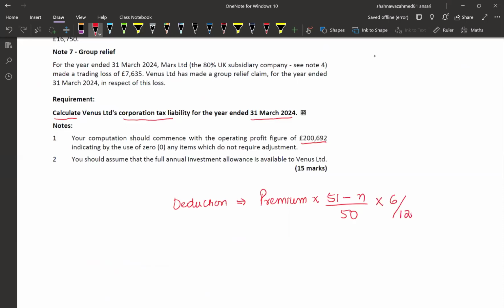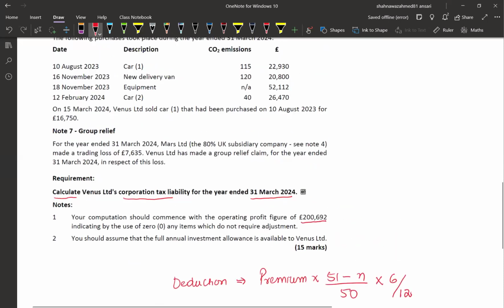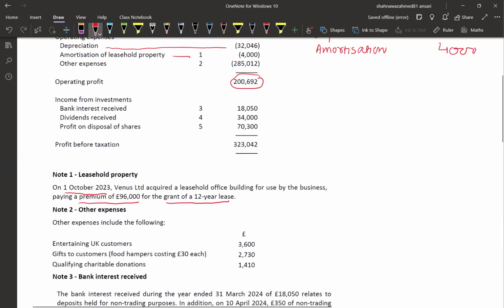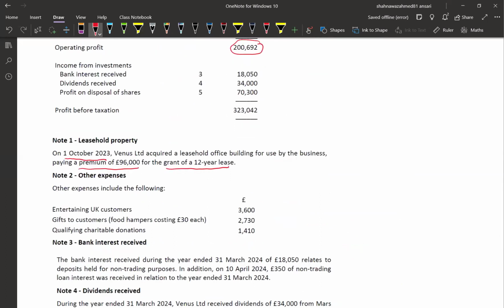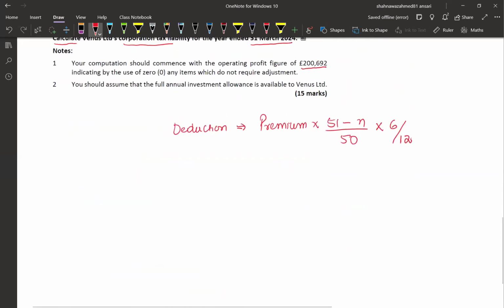Here the life is 12 years: 96,000, this is 12, this is 50, and divided by 12, this will give me an amount.